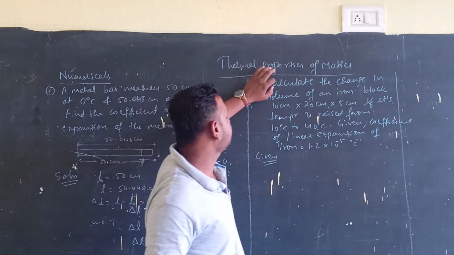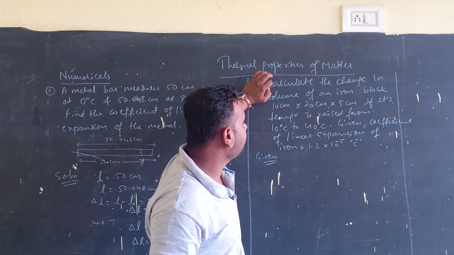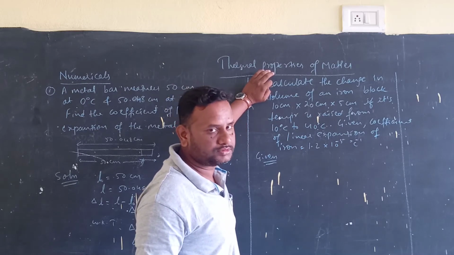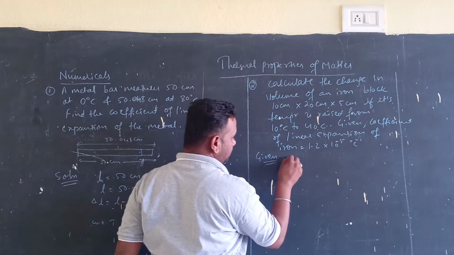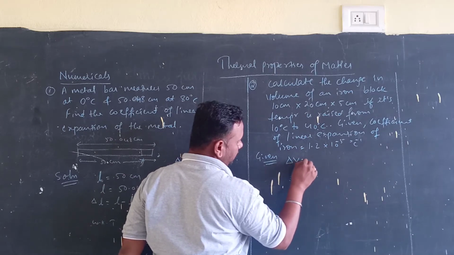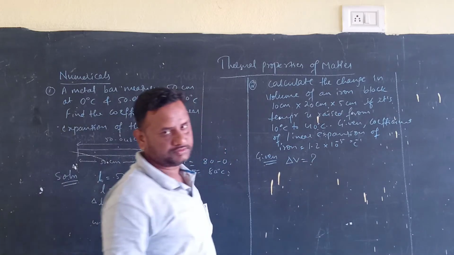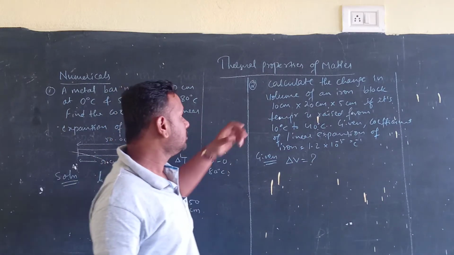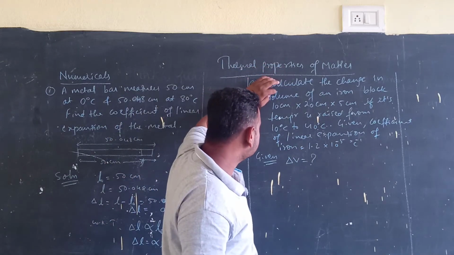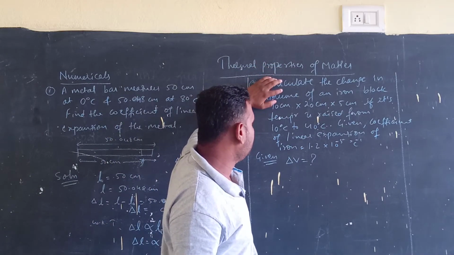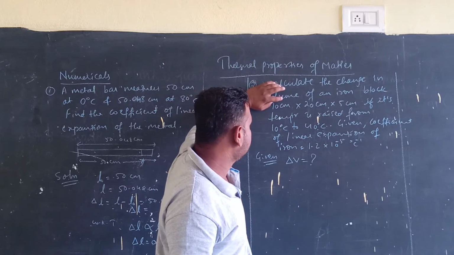The question is: calculate the change in volume of an iron block. So we have to calculate the change in volume, that is delta V.